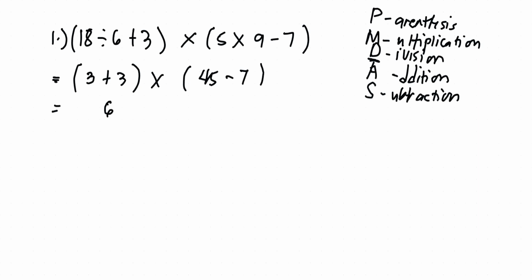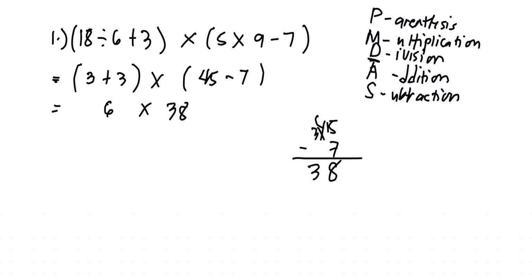And then times, what is 45 minus 7? 45 minus 7, and that is 38. 15 minus 7, that's 8, and bring down 3. So that is 6 times 38.